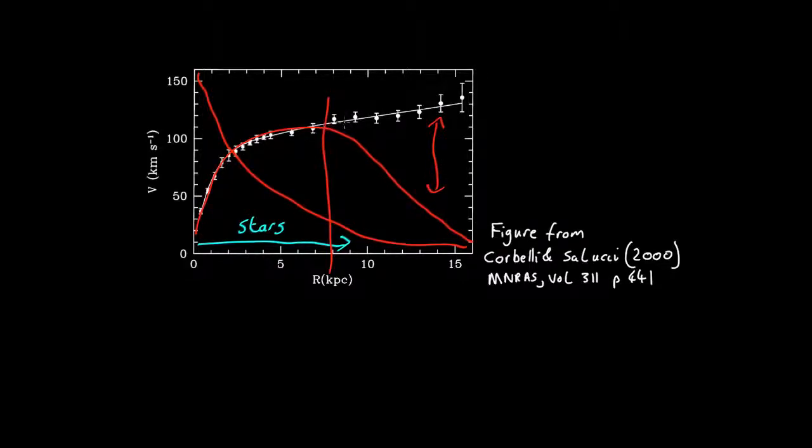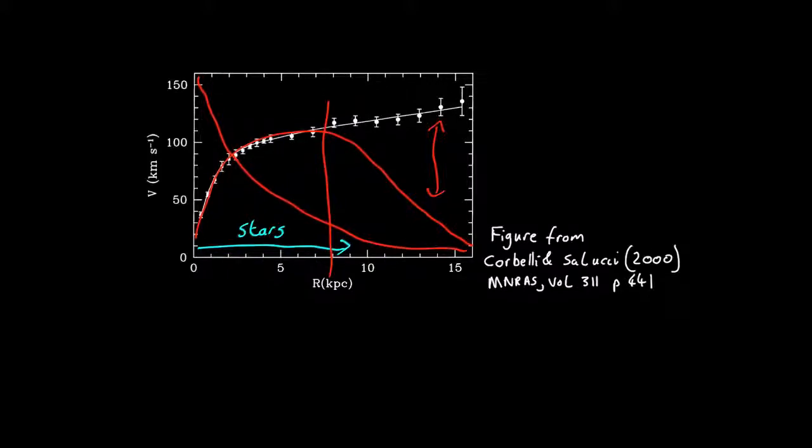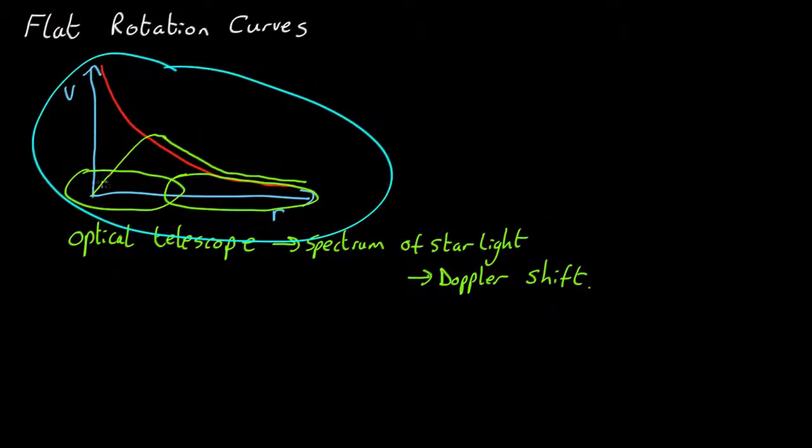Even when all the stars are left behind and all you're tracing is gas, and gas doesn't have much mass, the curve keeps on going up, which is very, very strange. So it doesn't match any of the predictions. It doesn't come down like this, it doesn't go up and down like that. Instead, it goes up and then stays up, or even climbs slightly, far, far out beyond where stars are.